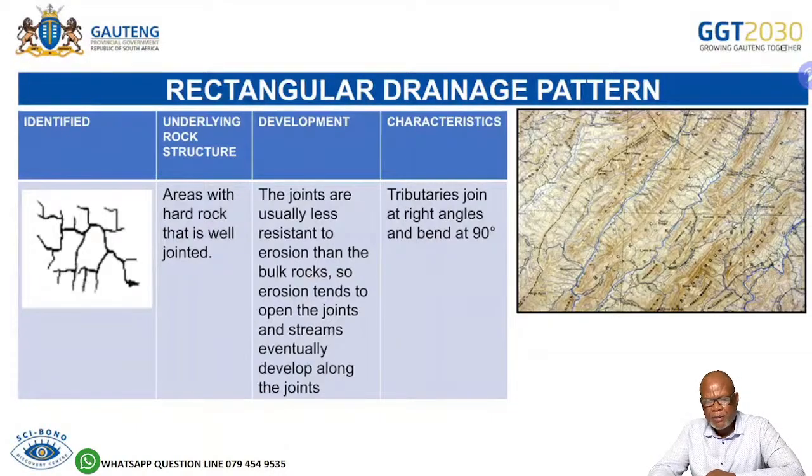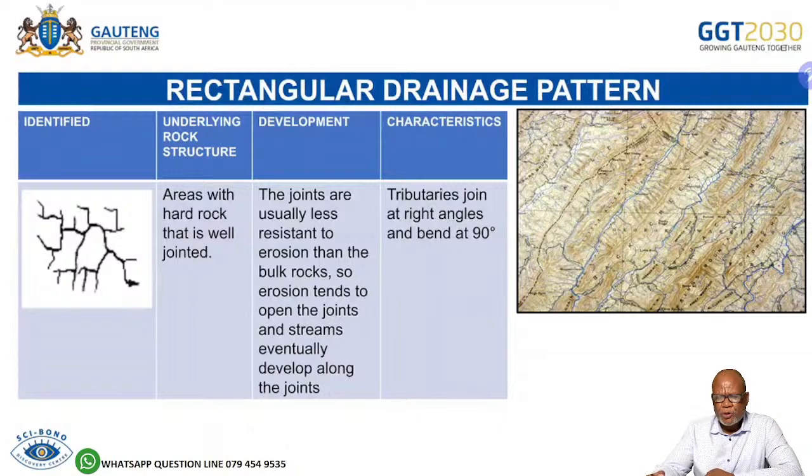Let's look at another pattern. So this is your rectangular pattern. If you are in a classroom, it will look more like the bricks in your classroom. If you look at the bricks in your classroom, they represent an exact rectangular pattern.